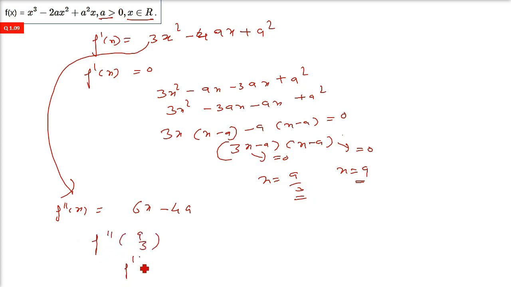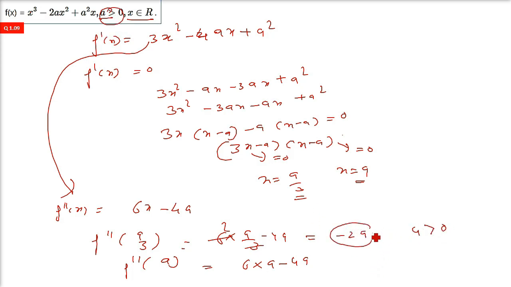f double dash a by 3. Sometimes we also call it f double prime, but you understand that when I say prime, it's a derivative, and double prime is the double derivative. So now we are not interested in the value of the function. We are more interested in negative 2a. Negative means you are going to get a negative value, which indicates that this is the local maxima. 6a minus 4a is 2a.